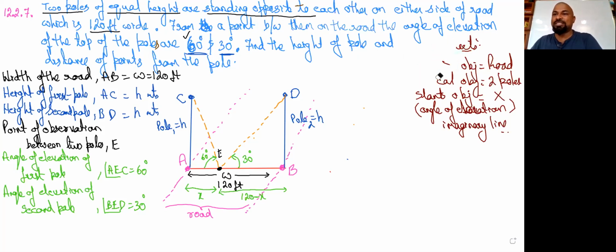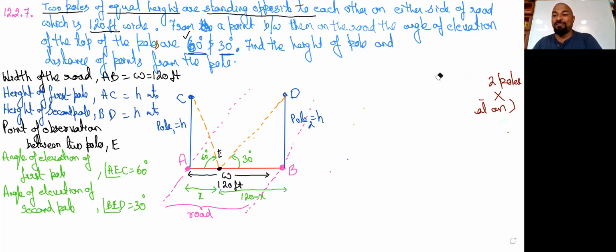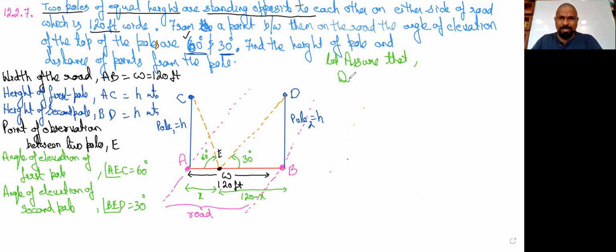So let's assume the 2 angles there. What is the first variable we have? It's nothing but x. Let the distance between AE be x meters.